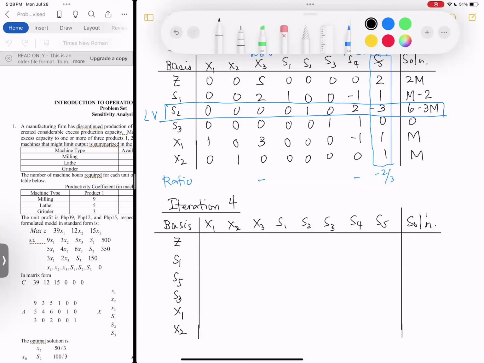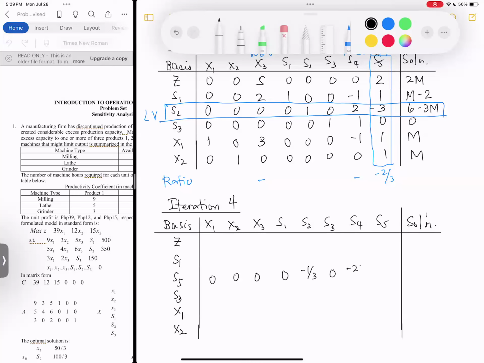So for the S5 row, I'd have to divide everything by -3 here. This row, we have to divide by the pivot element, which is -3. So you'll have 0, 0, 0, 4 zeros, diba? And then -1/3, and then 0 again, and then divide by -3.